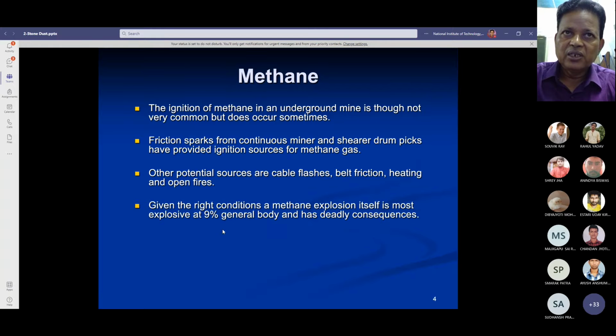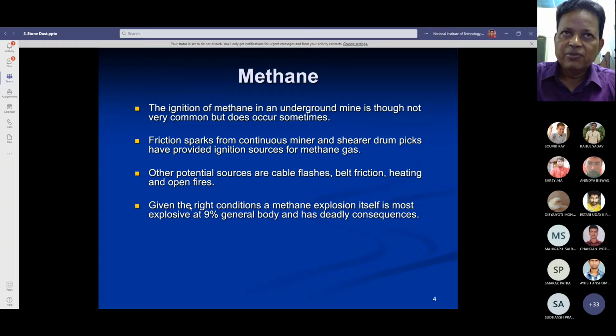Given the right conditions, a methane explosion is most explosive at 9% in the general body of the mine air and has deadly consequences. You know that the lower limit of explosibility of methane is 5% and the upper limit of explosibility of methane gas is 15%.